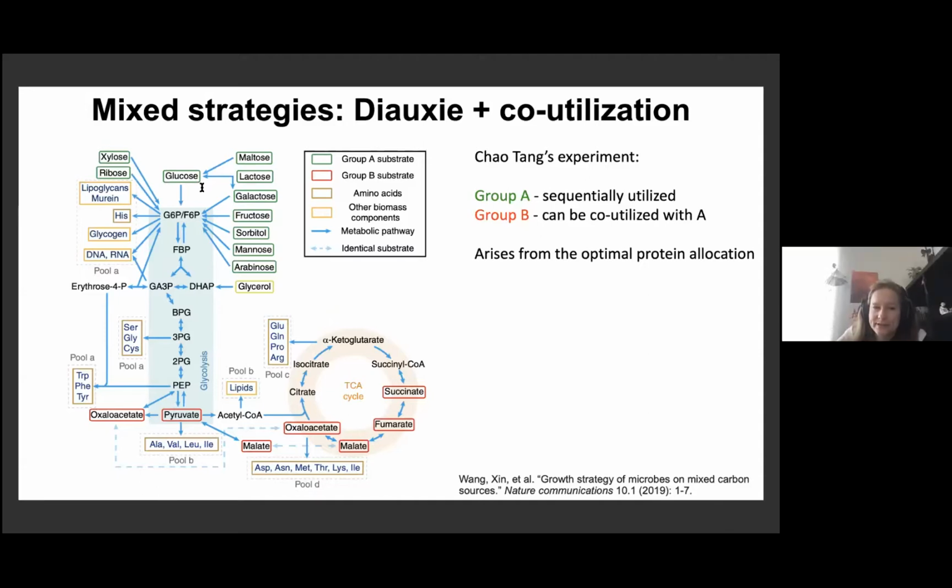In principle, my understanding is that the authors of this paper considered it as, if you have a resource from group A and a resource from group B, this is a MacArthur scenario. Basically, you will have some growth just on pyruvate, you will have some growth just on glucose. And then if you have both of them in the media, you will have a sum. Just a linear combination.